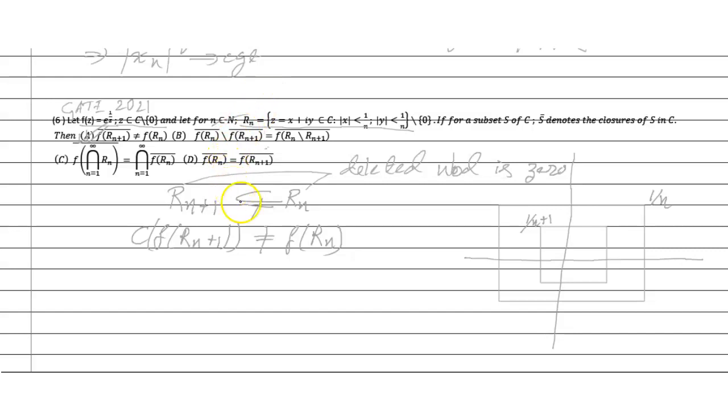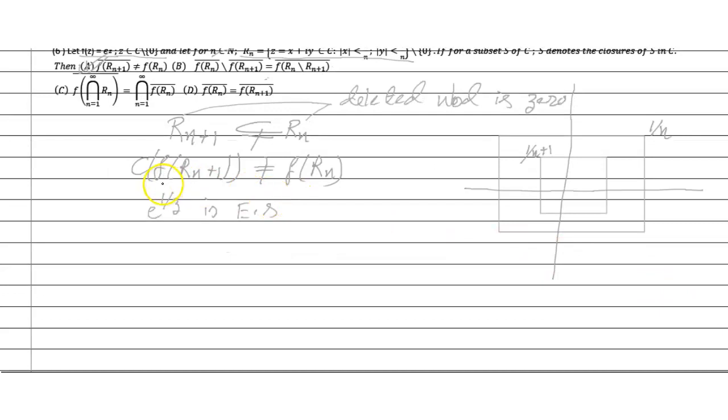Now e to the power 1 by z is an essential singularity. So whatever we get, we know the Weierstrass theorem.